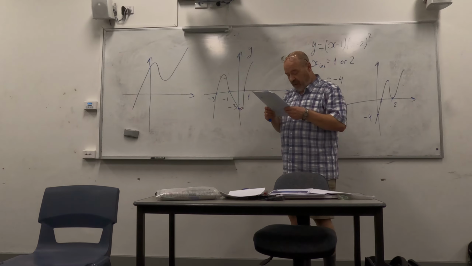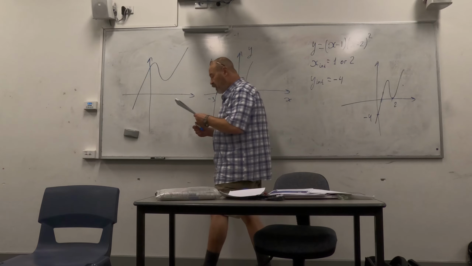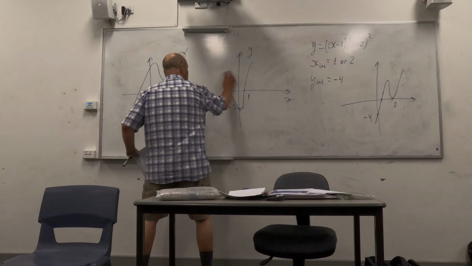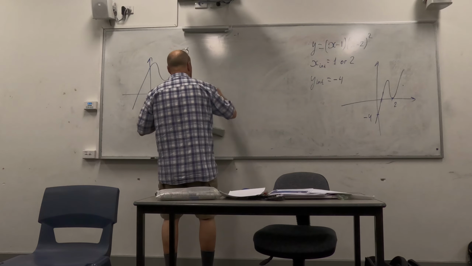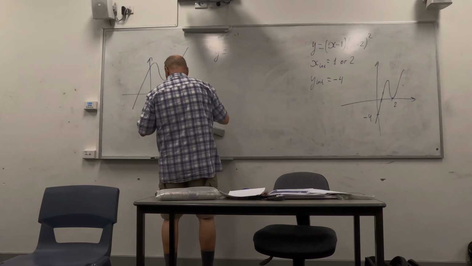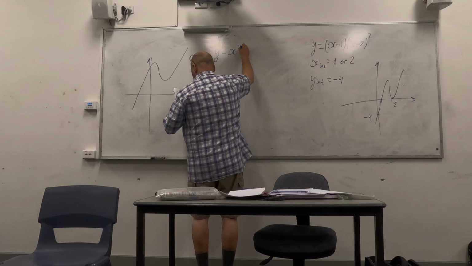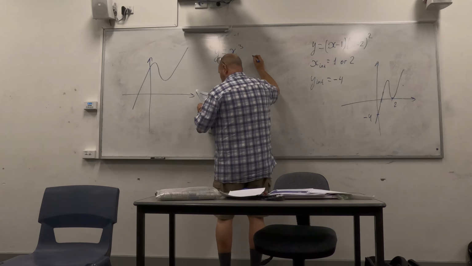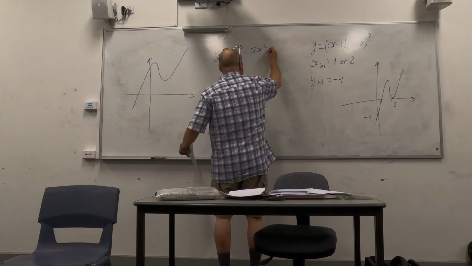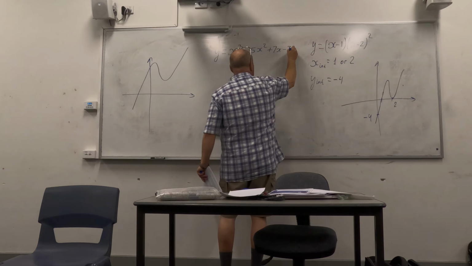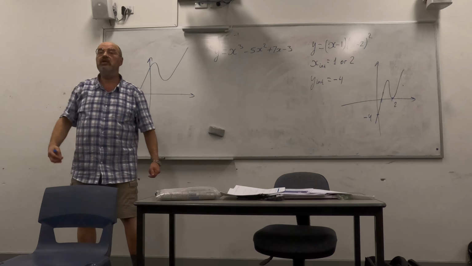And if you have a cubic not in factorized form, for example, y equals x cubed minus 5x squared plus 7x minus 3, what should we do to sketch the graph?